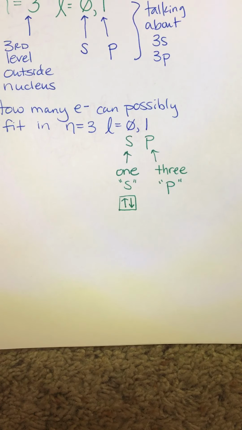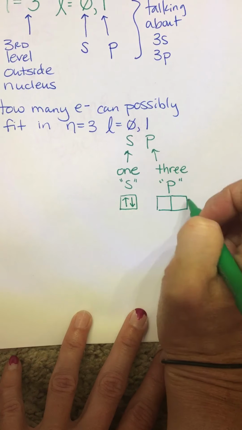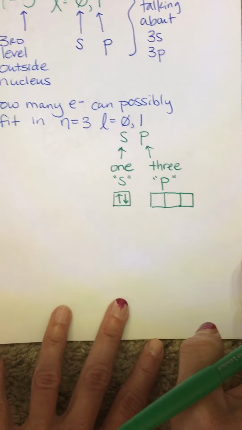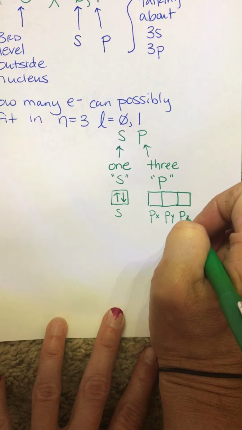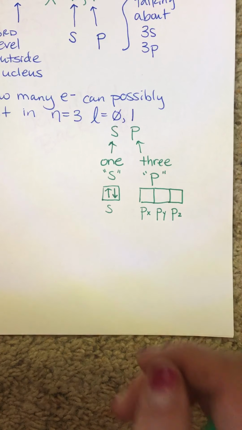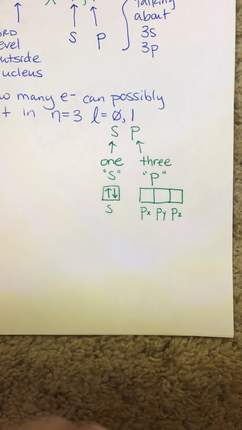Opposite spins attract. Since there are 3 p orbitals, I'm going to draw 3 boxes here, and those represent my px, py, and pz orbitals. If I imagine how many electrons could possibly fit, it doesn't mean there are that many, just how many could fit, we would have 1, 2, 3, 4, 5, 6.